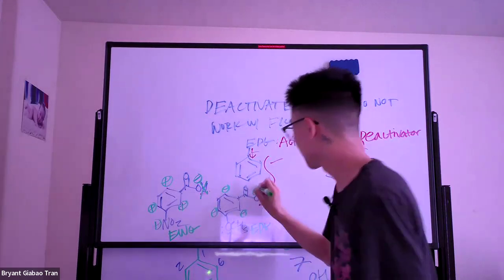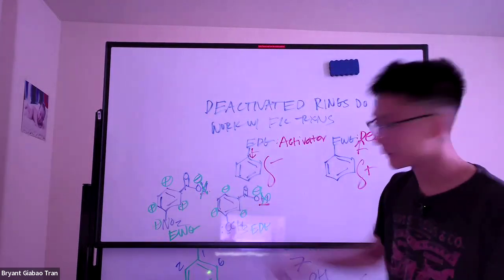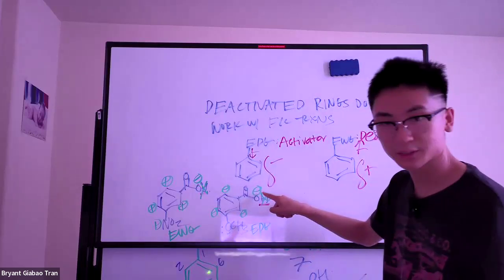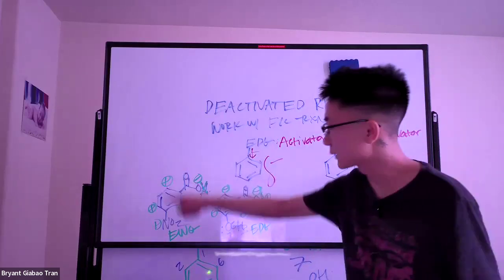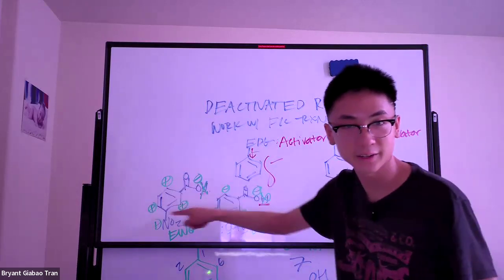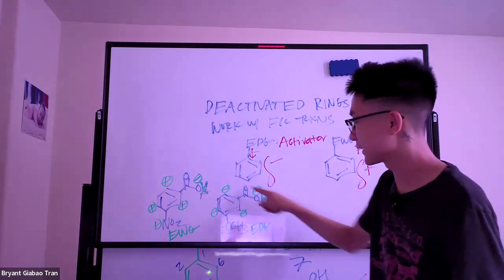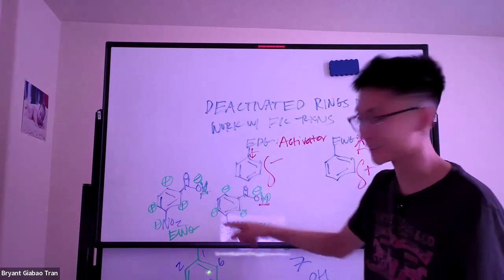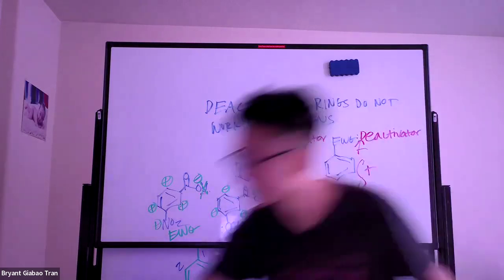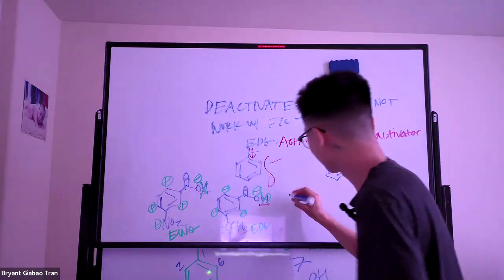This negative charge is more stable than this one because it's closer to positive charges, whereas this negative charge is close to negative charges. They repel each other. But what if I have something like this right here?